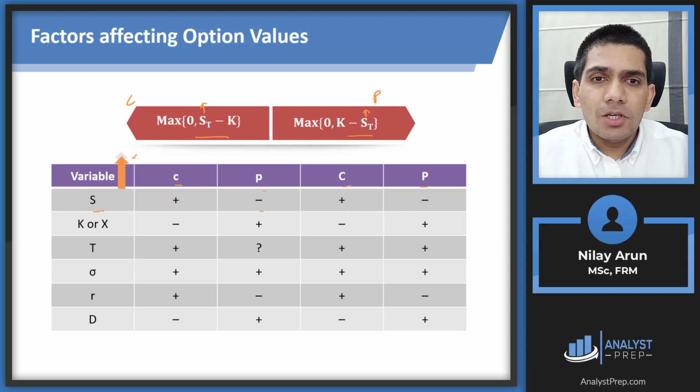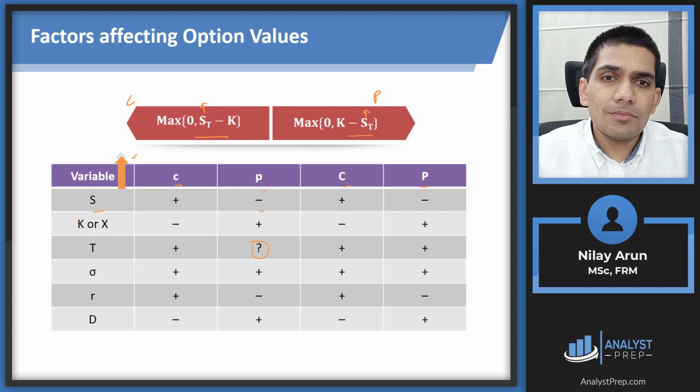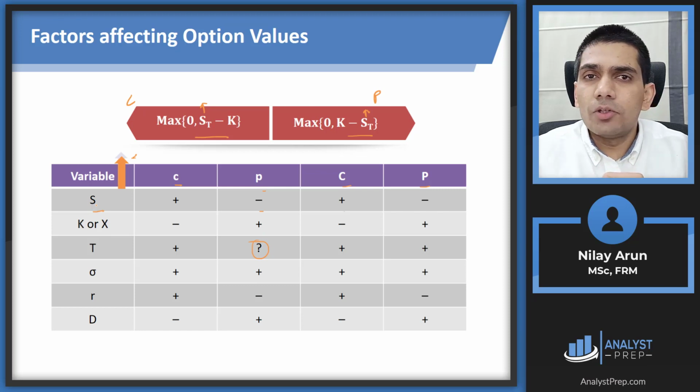So pretty much in all of these 6 factors, the impact is going to be the same on the European and the American options. There's just one exception, which we will have here. When we look at the European put option in terms of the impact of the time to maturity. That's the only exception, but otherwise the impact on American and European is going to be the same.